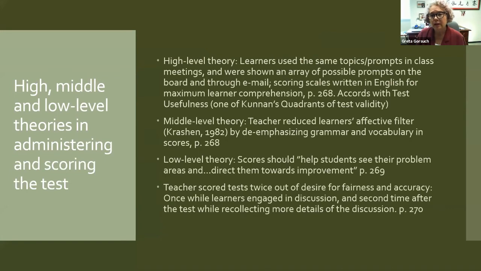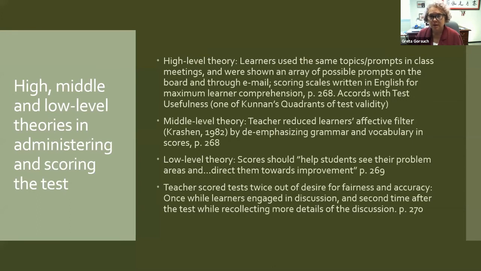In terms of high level theory, she made sure that learners use the same topics and prompts in their meetings and were shown an array of possible prompts on the board and through email. So the students had used these prompts in class, and then they were shown an array of possible prompts. And then the scoring scales, which Joseph shared with us, were written in English for maximum learner comprehension.